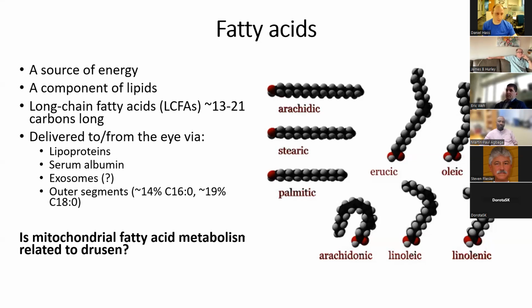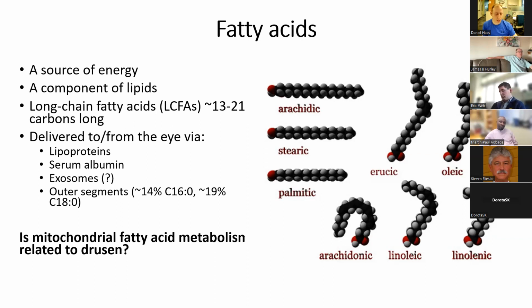You can get them through lipoproteins, through fatty acids conjugated to albumin. I don't know if exosomes substantially contribute, probably not, but perhaps they do contribute fatty acids through their lipids to the eye. And if you're thinking about the RPE, it gets a dose of fatty acids from photoreceptors in the form of outer segments.